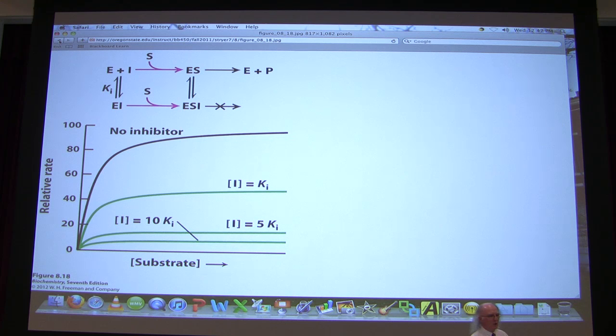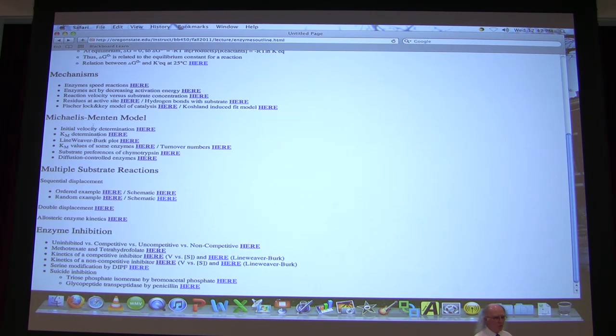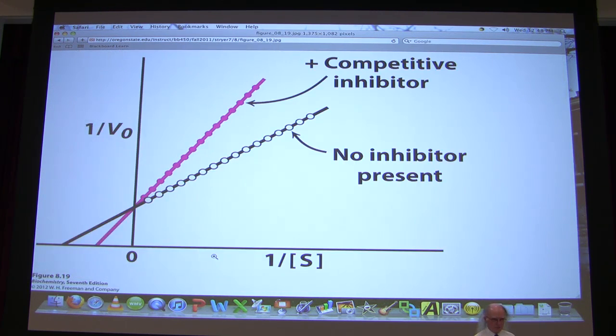Okay. Now, you've learned about Lineweaver-Burk plots. I want you to think about what those mean relative to these types of inhibition. Here is a Lineweaver-Burk plot that shows an uninhibited reaction in black and an inhibited reaction in red. I've plotted that same data, taken the inverses of everything, and look what's happened. They cross at the y-axis.